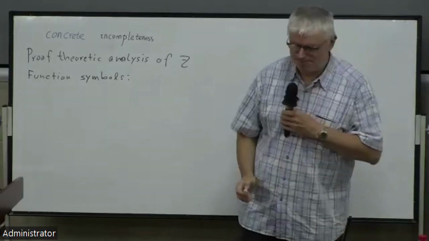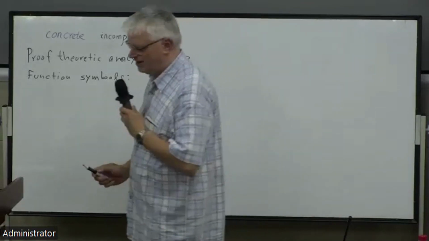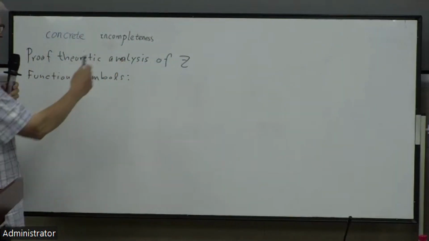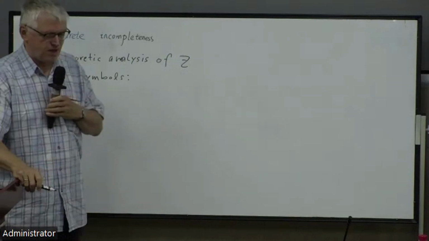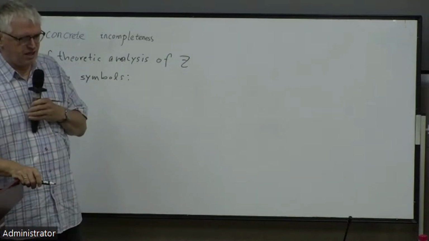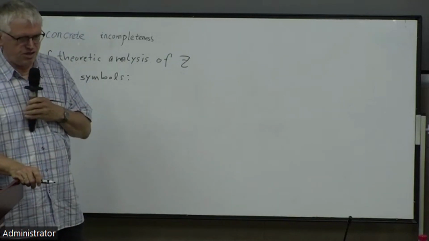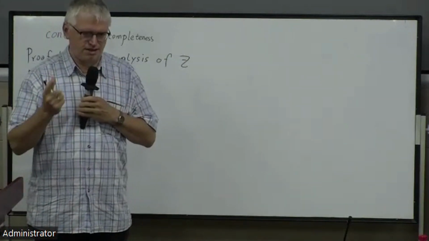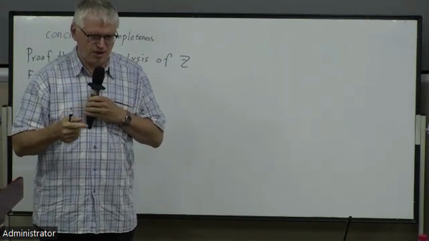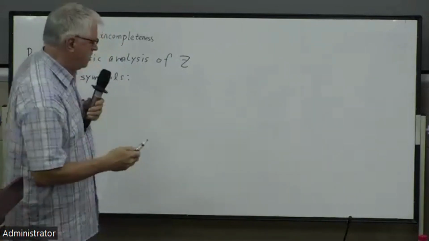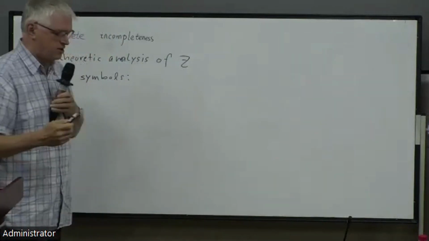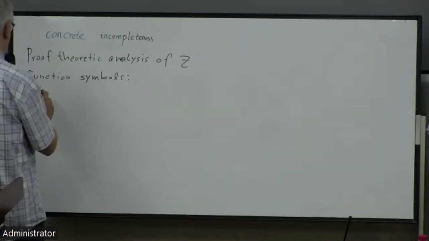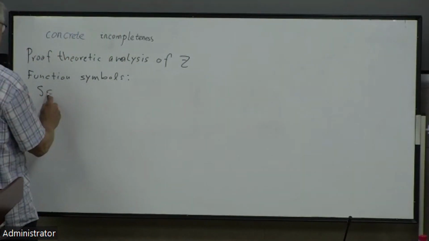So after this short intermezzo, we now continue with this proof theoretic analysis of a slight extension of Peano Arithmetic, and the slight extension is just instead of 0, 1, plus, and times, we have some more function symbols, namely the function symbols for primitive recursive functions. So what are those? Well, I have a function symbol for the successor function.